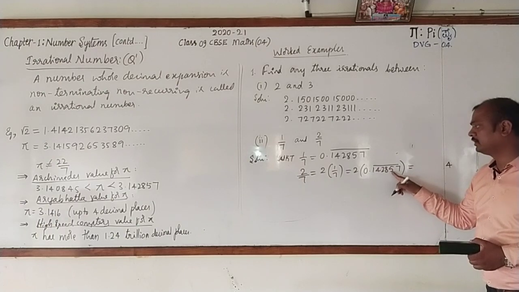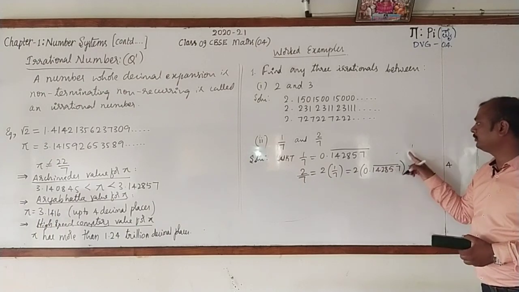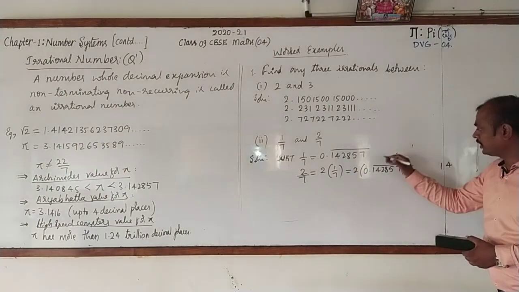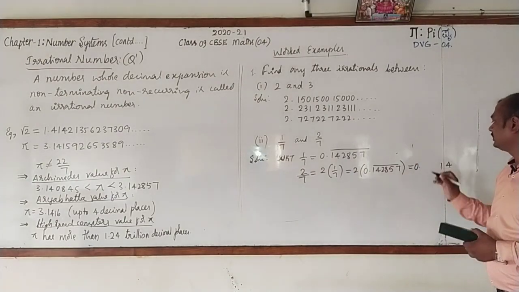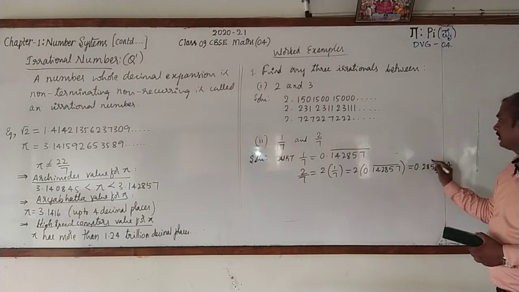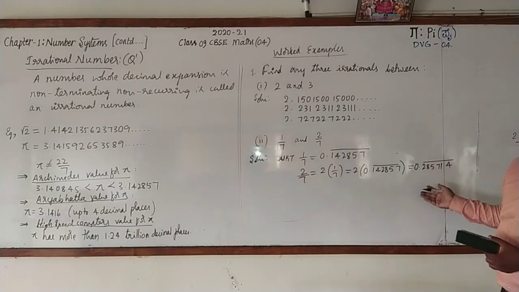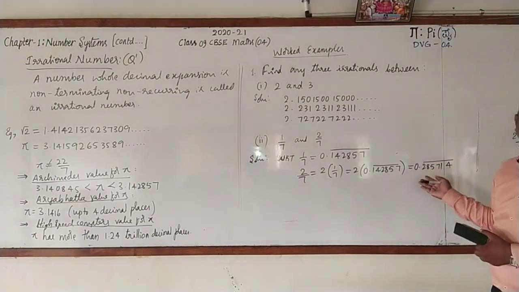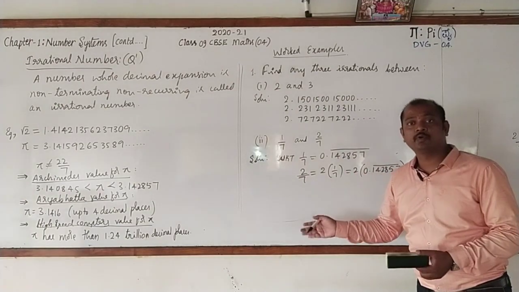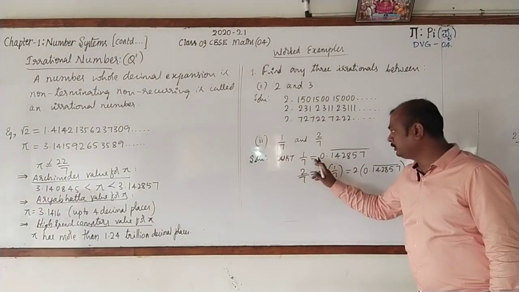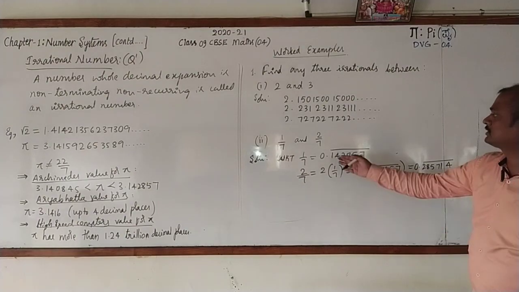Then 2 5s are 10, 10 plus 1, 11. If you go on multiplying like that, you will get 0.285714 bar. This is an easy way of finding. If it is 3 by 7, multiply by 3. Then 4 by 7, multiply by 4. It will be easier.